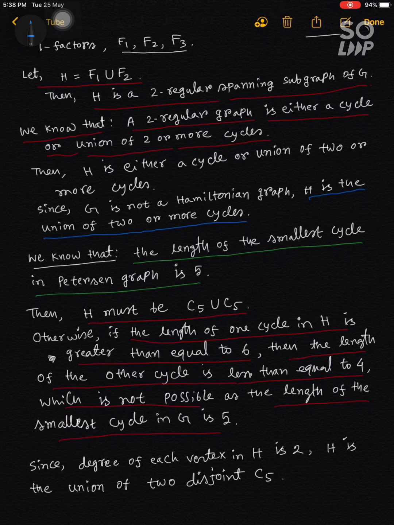Since H equals f1 union f2, the degree of each vertex in H is 2. So H is the union of 2 disjoint C5.